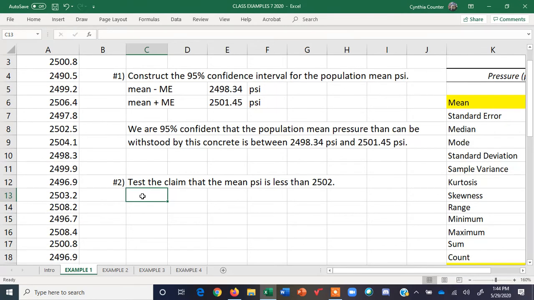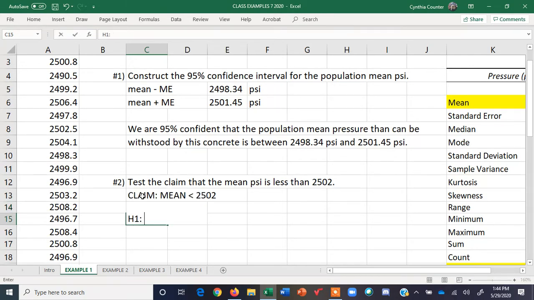So the claim is that the population mean of this concrete, or the pressure that this concrete can withstand, is less than 2502. The null hypothesis then is always equality, so it's a claim that the mean is equal to 2502.